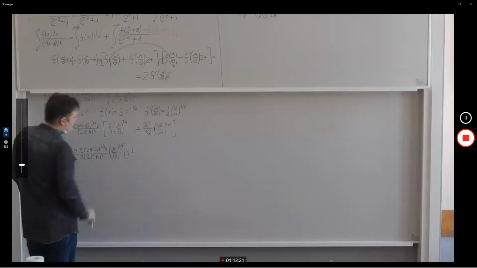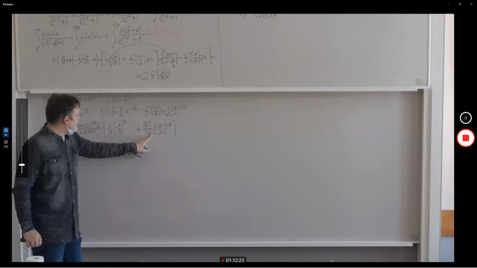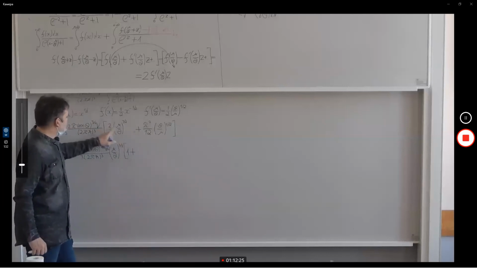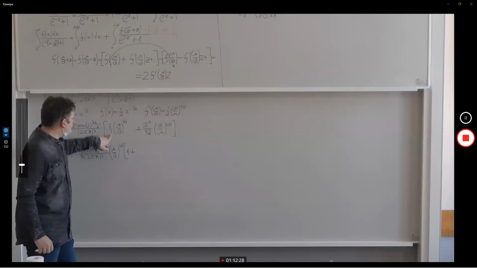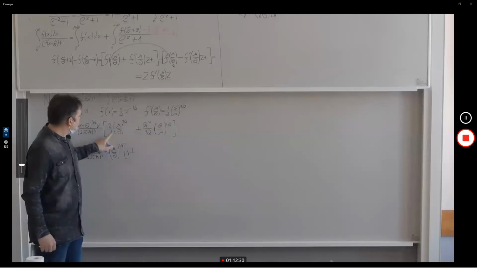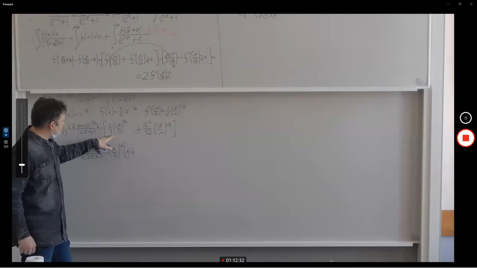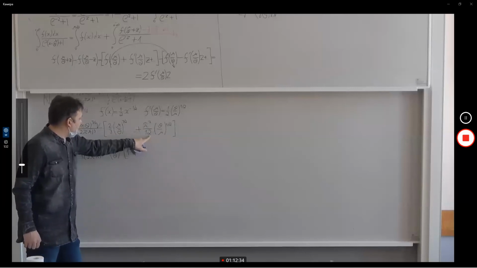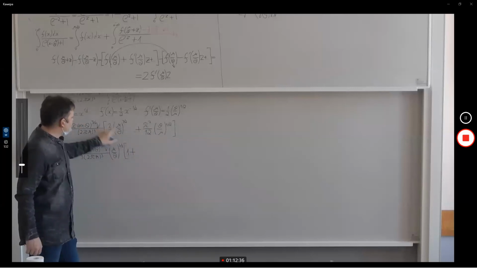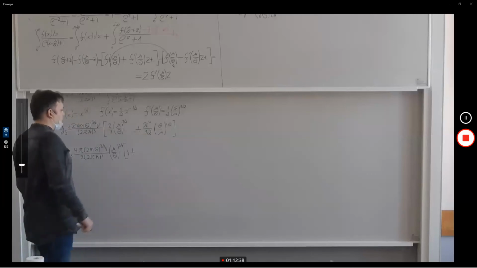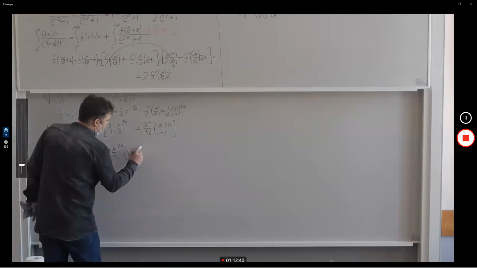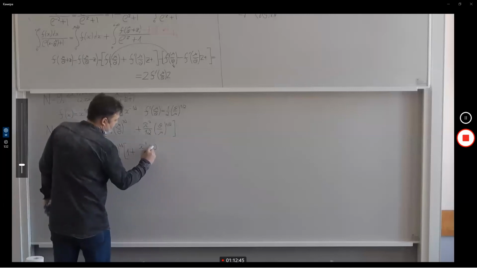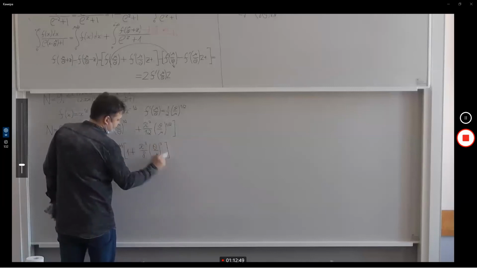And here I will have 1. And now 2 cancels 2. When we take 3 as a common factor, 3 cancels 3 in 12, and 2 multiplied by 4. So we have π squared over 8 (θ divided by μ) to the second power.